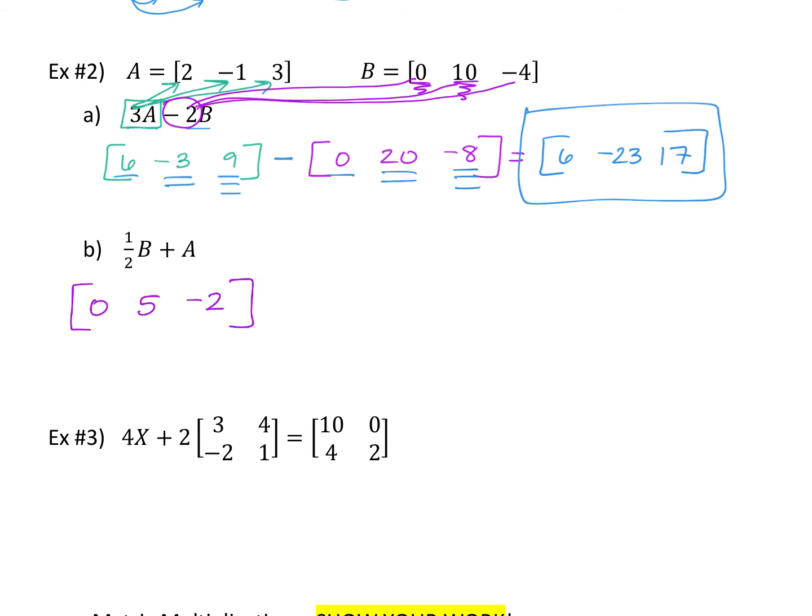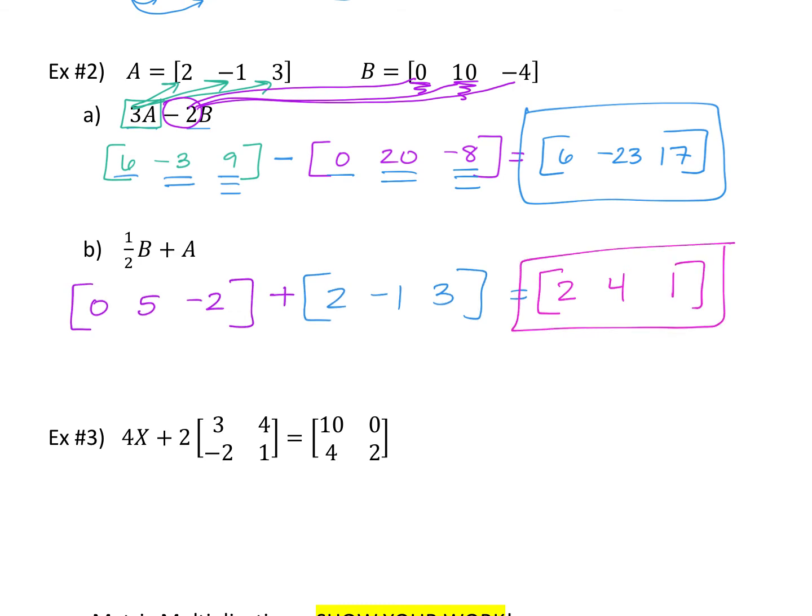So that's 1/2 B. And then we're going to add to it our A, which doesn't change, 2, -1, 3. So when I add those together, what do I get? Zero plus 2? 2. 5 plus -1? 4. And -2 plus 3? 1. Thank you. Okay, so it looks like that.